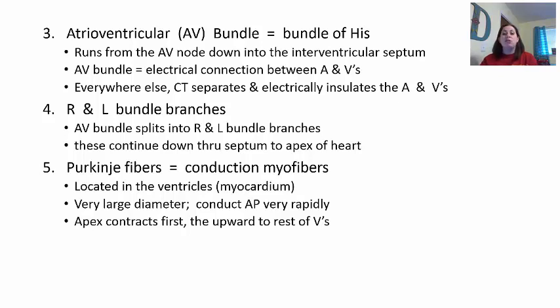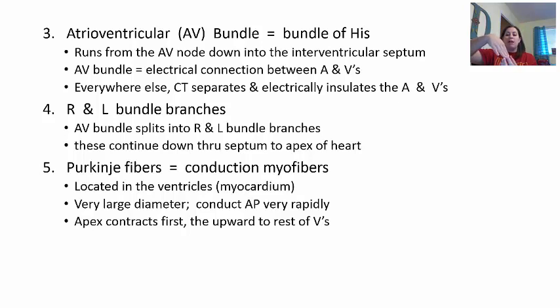Now, this bundle is going to separate into a right and left branch. These right and left bundle branches allow the signal to continue traveling down the septum towards the apex of the heart. If you remember, your heart is kind of a triangle shape, so the signal travels to the apex, to the point. Once it reaches the point of the heart, it hits the Purkinje fibers.